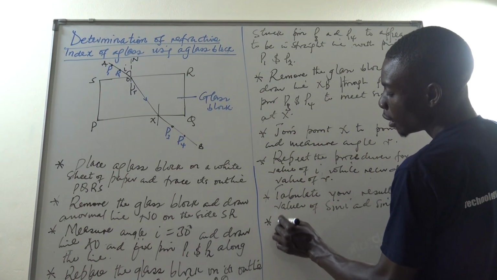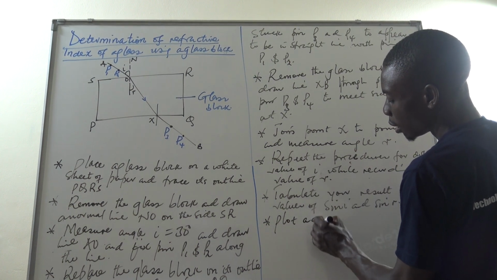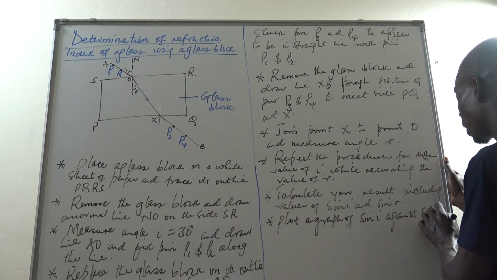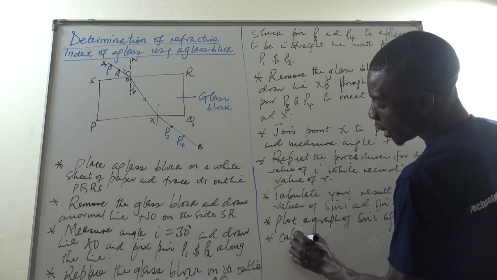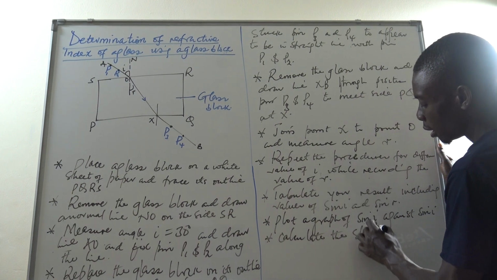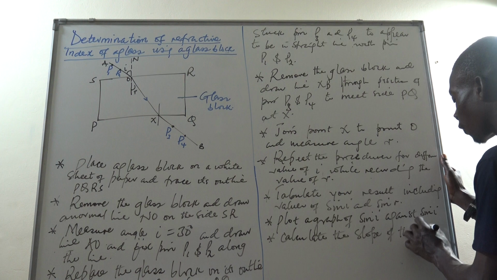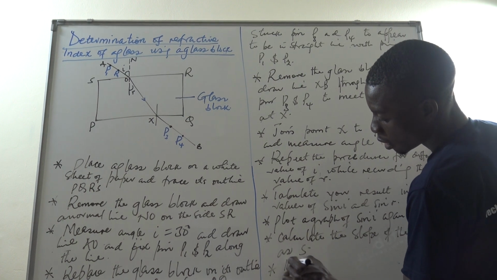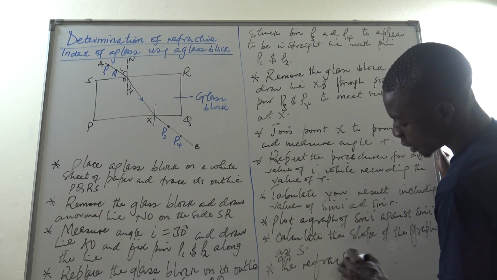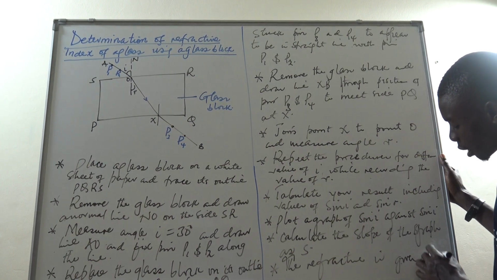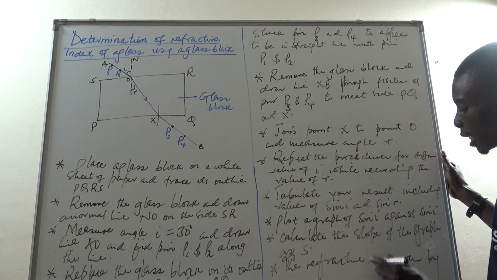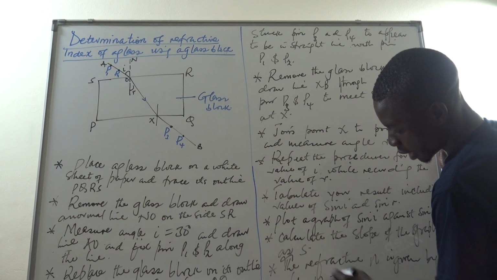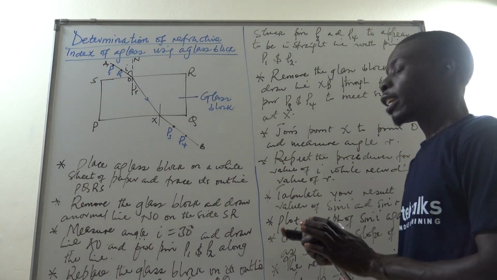And then what we are saying is that you can now plot a graph of sin I against sin R, and then calculate the slope of the graph as S. So we can say the refractive index N is given by N equaling S, where S is the slope and N is the refractive index.